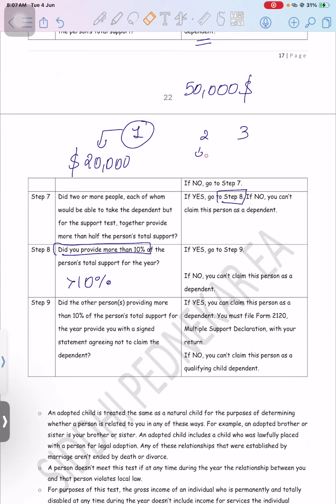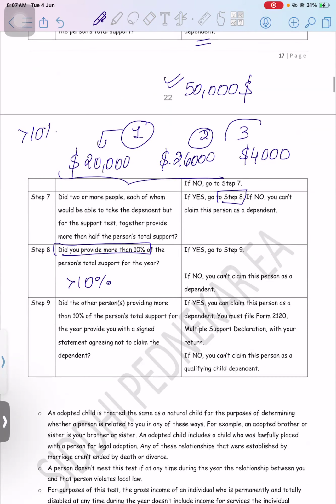Let's say he is providing $4,000 and he is providing the remaining $26,000. So what will happen? These two are providing more than 10% of her total expenses, right? So automatically the third person will be excluded from the consideration for the qualifying relative support.